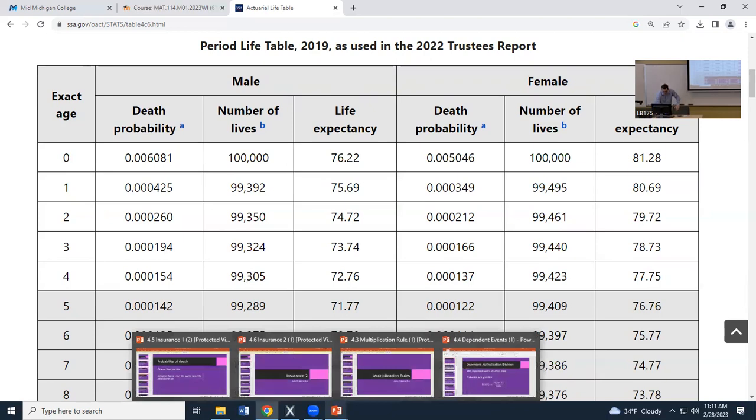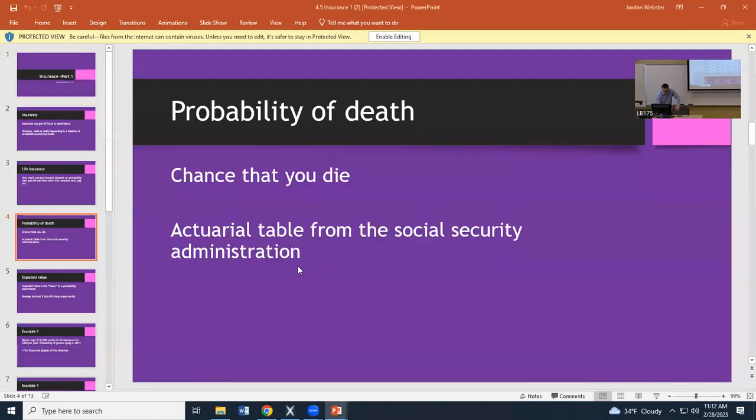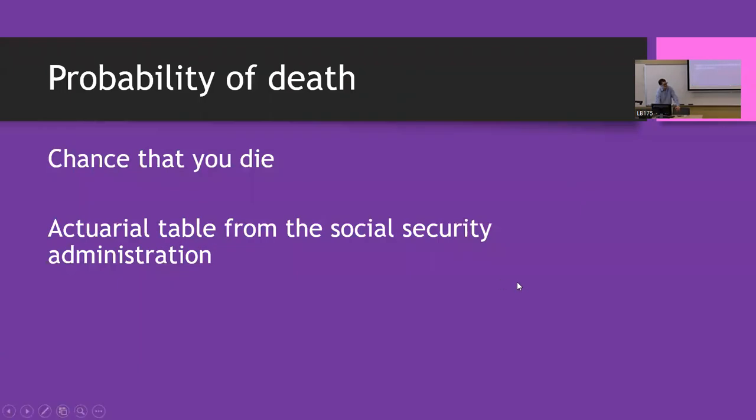So anyways, that's where we're going to get our probabilities of death from. Is that okay? We're going to do that in this class period, but on future problems on the homework and on the test, I'll just give you the death probability.